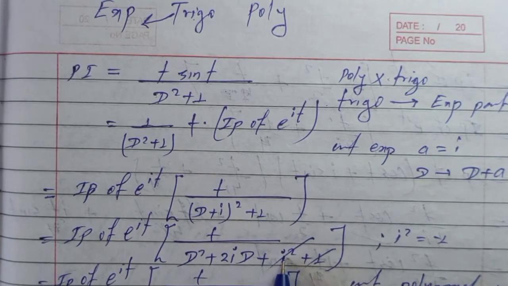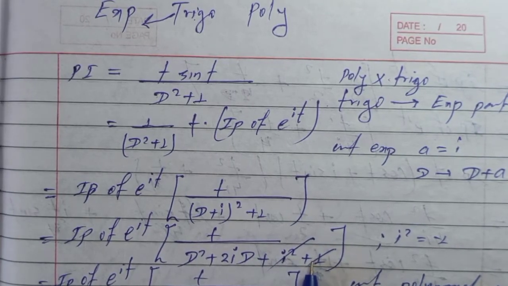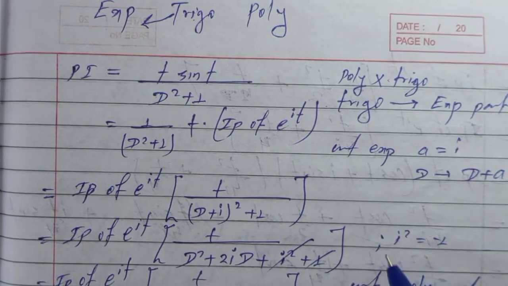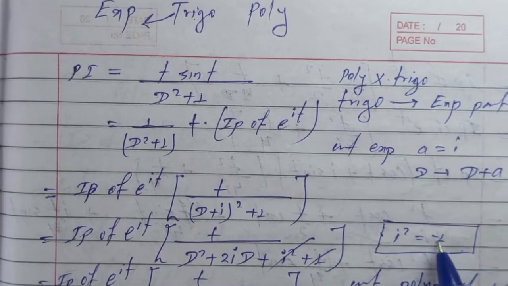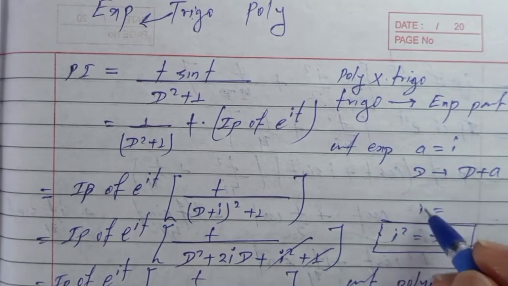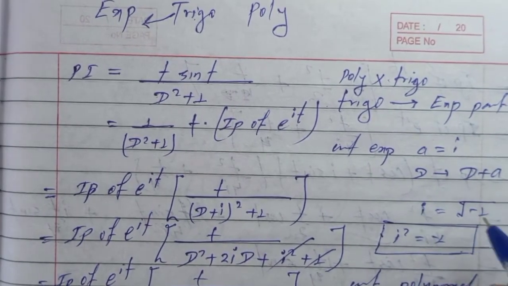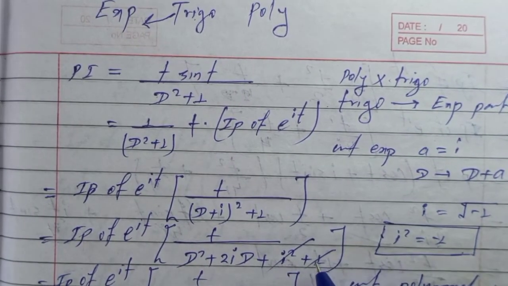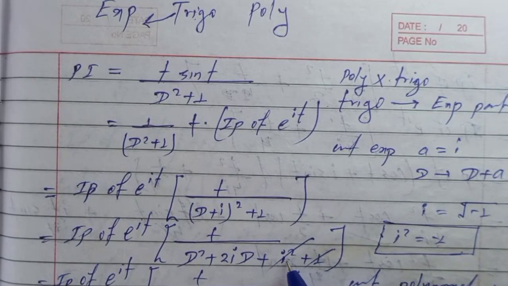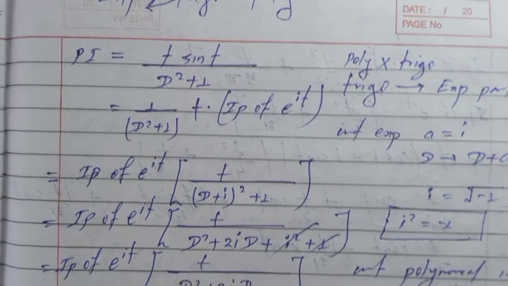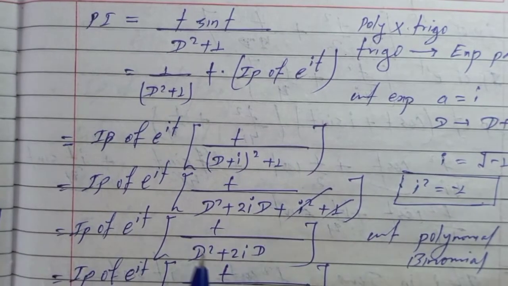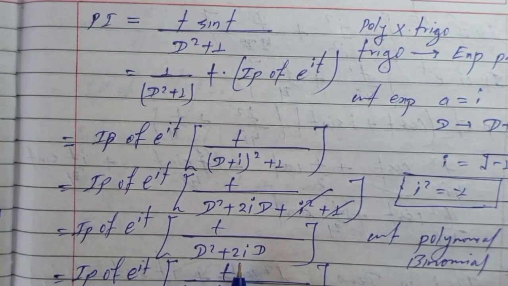After getting this term, look here, this is i squared, it cancels with 1, because whenever we open the bracket of i squared, we get minus 1, because i is equal to root under minus 1. If you square it, then we get minus 1. So minus 1 plus 1 is cancelled, thus our i squared plus 1 is cancelled here. Finally, we get D squared plus 2iD.